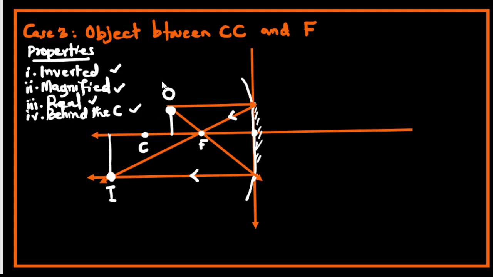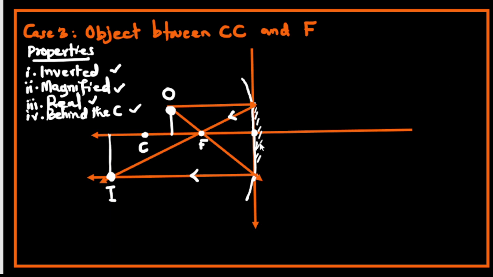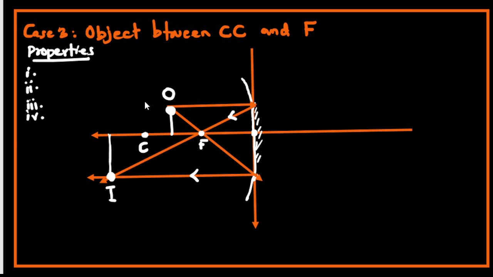So that. Then the last case here, case 4. We want to treat a case where the object is actually at the what? Principal focus. Where the object is at the principal focus, case 4. Now let's take this off so that we can just make use of the same diagram. So we have object at what?